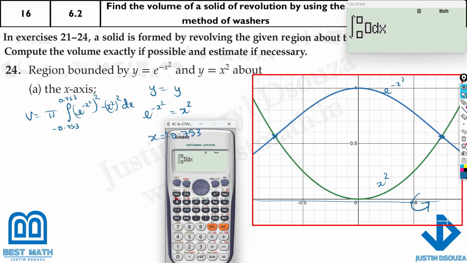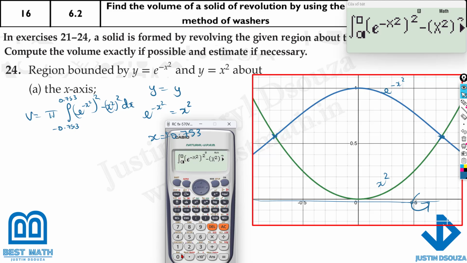So integral of e to the power minus x squared, close the bracket, and then square it, minus x squared. You need to use a bracket over here, or you can write power 4 if you are confident with it. X squared whole squared will be x to the power 4 directly.